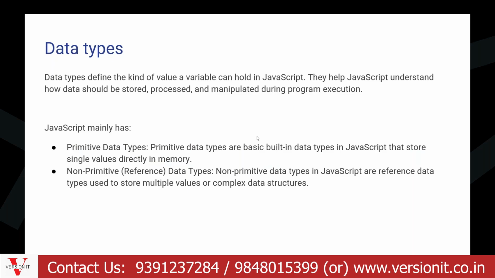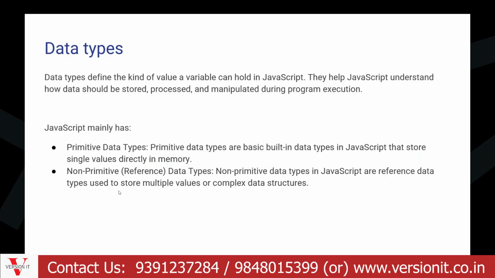Once we see the example, you'll get a better understanding. Also, primitive data types are singular values, so they are very fast. When you compare them with non-primitive data types, accessing primitive data types is much faster.